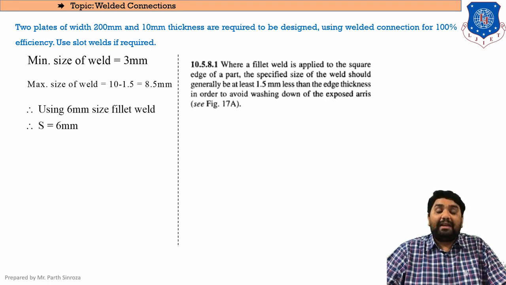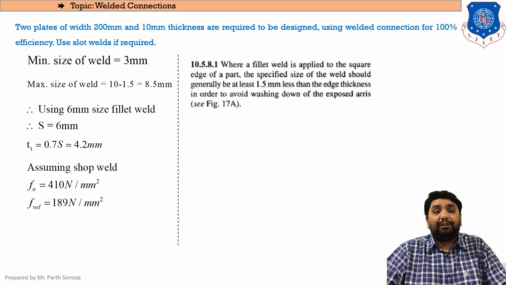After finding the size of weld, the next step is to find the throat thickness. So throat thickness here will be 0.7 into S, and that comes out to be 4.2 mm. Now we need to find the value of P, that is total load. Again the equation will be the same, P equal to L w t t FWD.